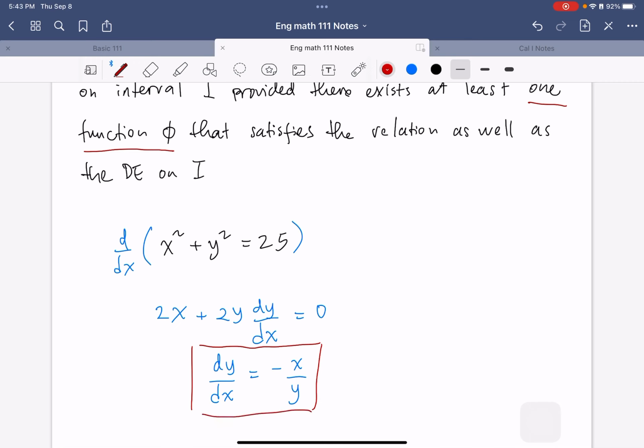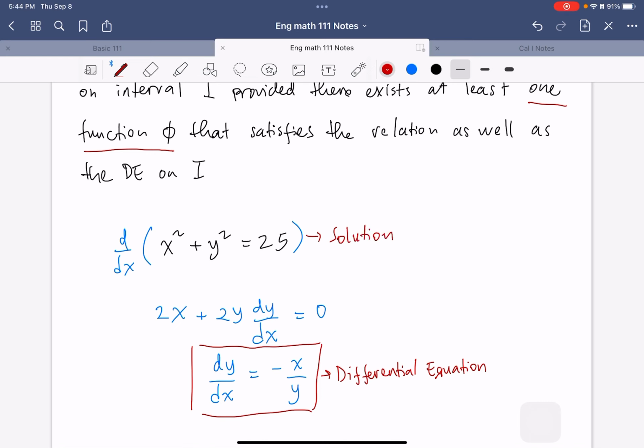So we reverse the process, and we can say that the implicit solution is the first equation. This is the differential equation, and this is the solution.